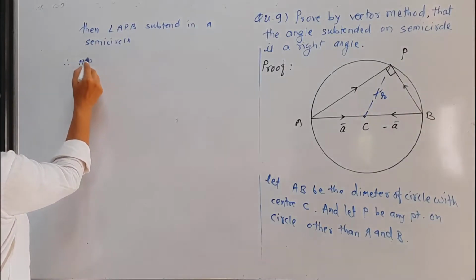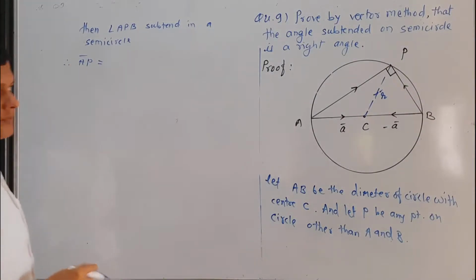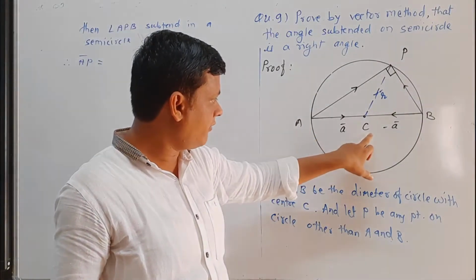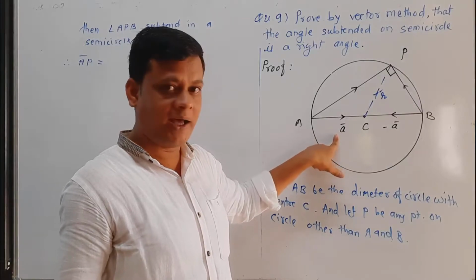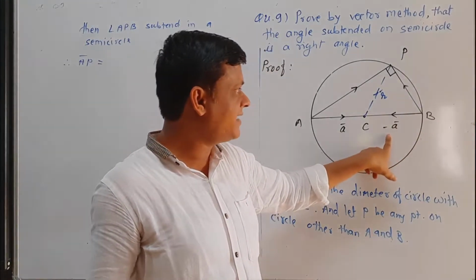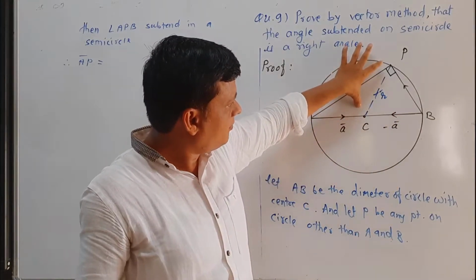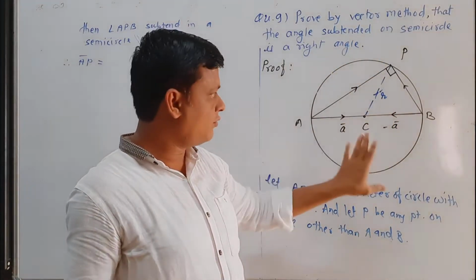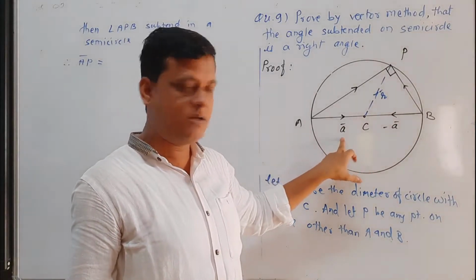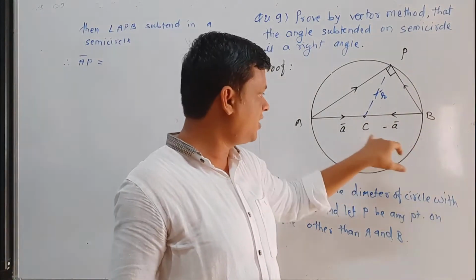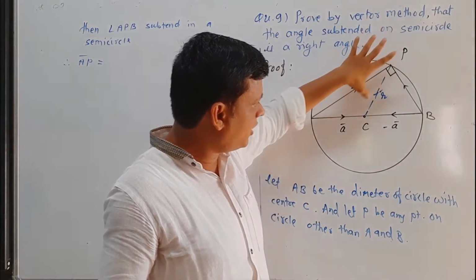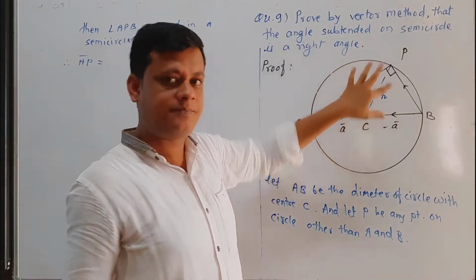Therefore vector AP is equal to, now here we consider vector AC as A bar, vector BC as minus A bar, and vector PC as R bar. That means we consider position vector of A with respect to C as A bar, position vector of B with respect to C as minus A bar, and position vector of point P with respect to C as R bar.